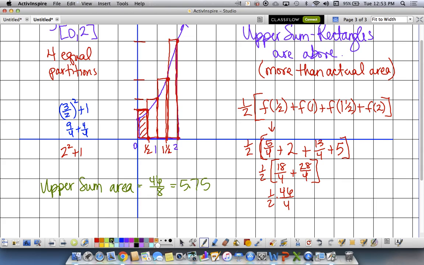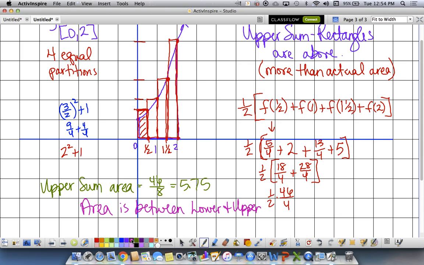Okay? So we could say that the area under this curve is between the upper and lower sum. Because we're just finding approximations right now, the area is between the lower and upper sums.